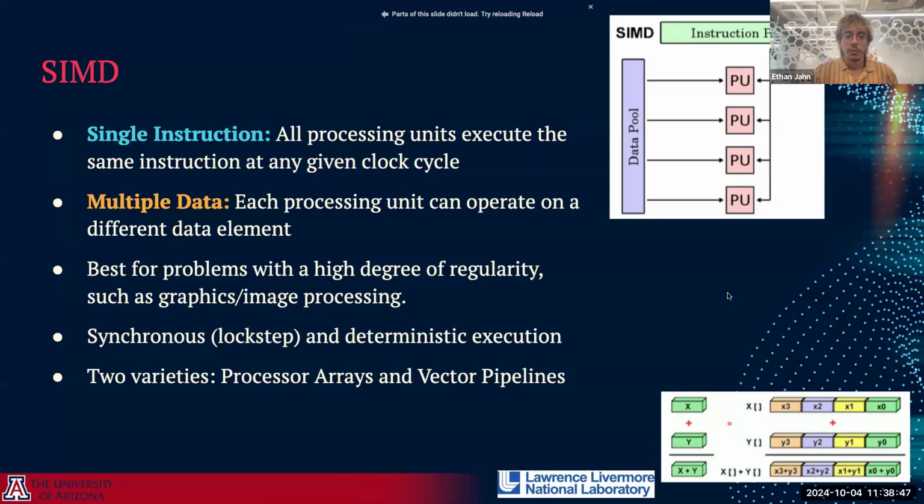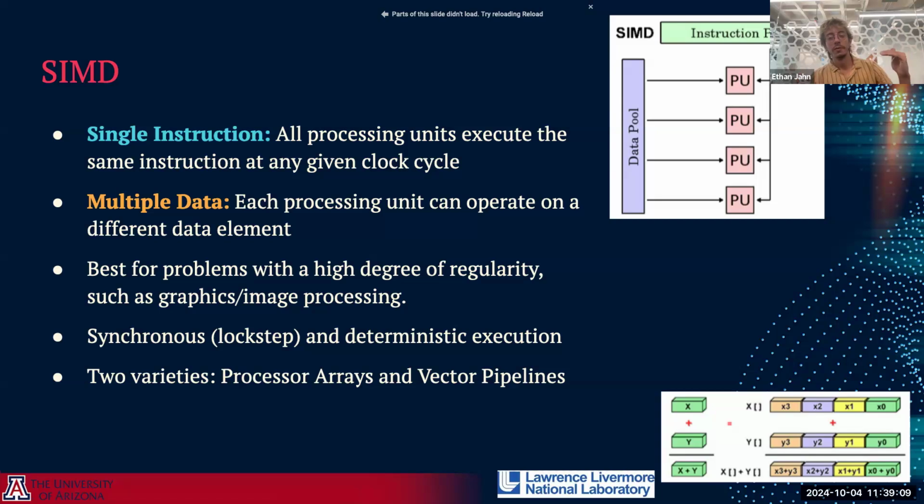So single instruction, multiple data, right? So all processing units execute the same instruction set in any given clock cycle. So you can see at that top image there, the instruction pool has a single arrow that is pointing to each of those processors. So that's the same instruction that's being fed into those processors. However, when you look at the data pool, each of those arrows is separate.